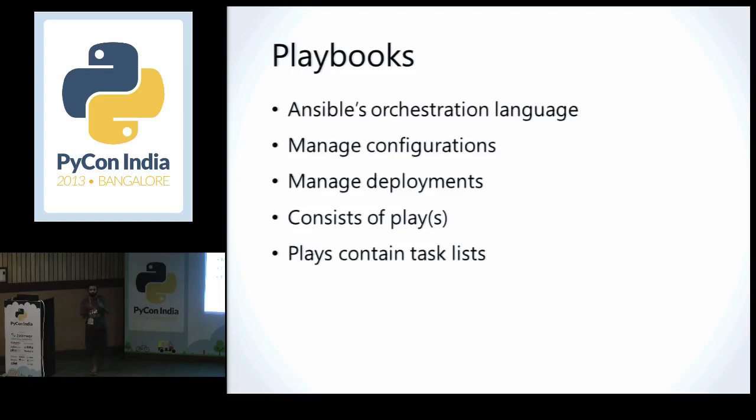Then you might want to configure the conf files in the configuration directory and things like that. That would be a play, and each of those things that you do, like installing certain packages, those are tasks inside that. So basically, playbooks consist of plays, and plays consist of task lists.